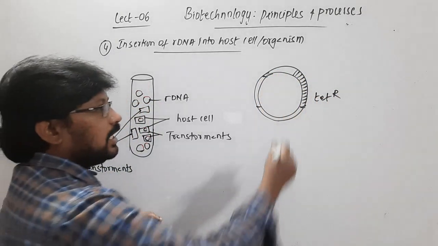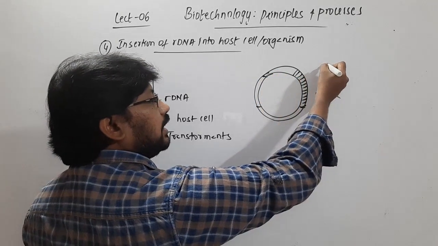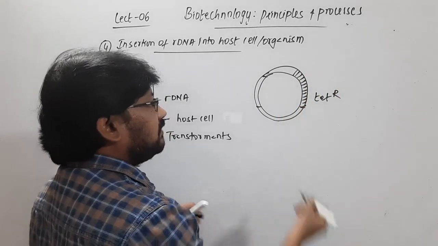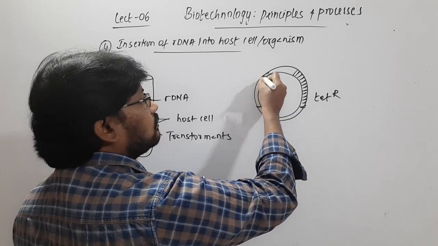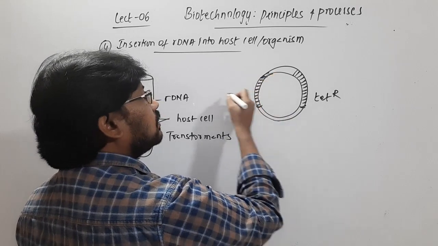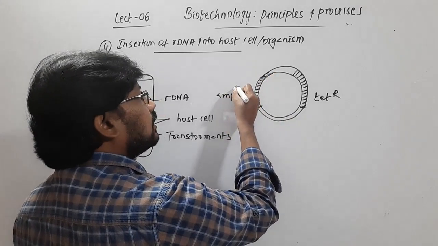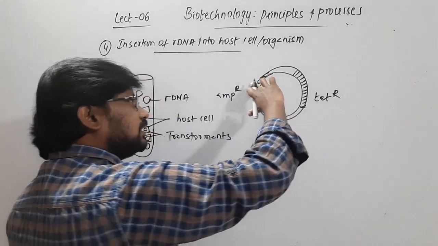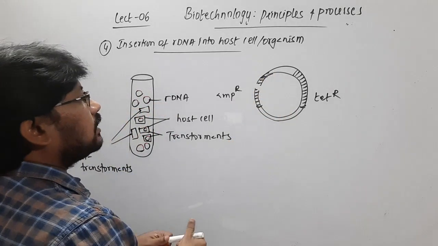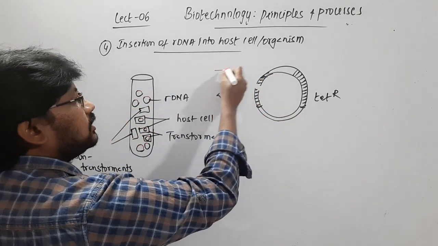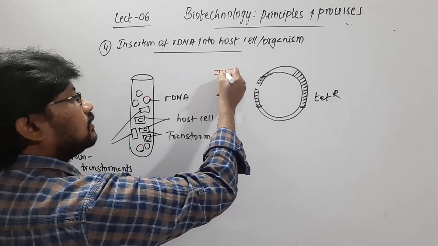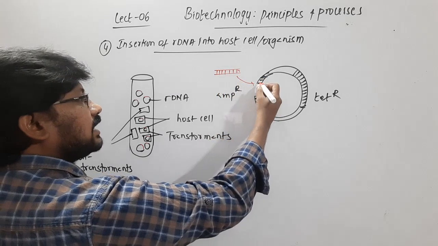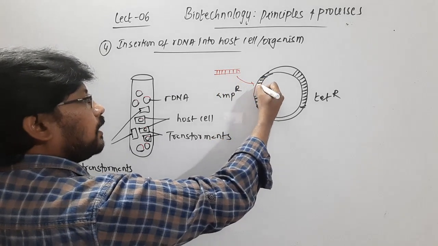So when you link a gene of interest to this tetracycline or ampicillin resistance, or whatever you can take, so this is the ampicillin resistant gene, and if you insert the alien DNA or the gene of interest here, it will result in changing the sequence of that gene.